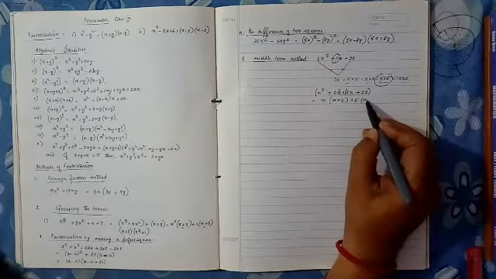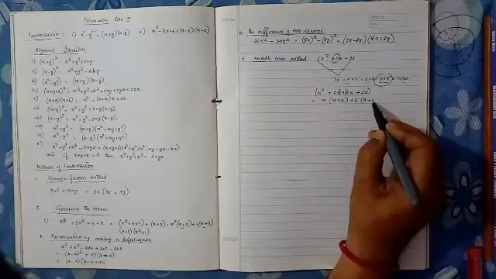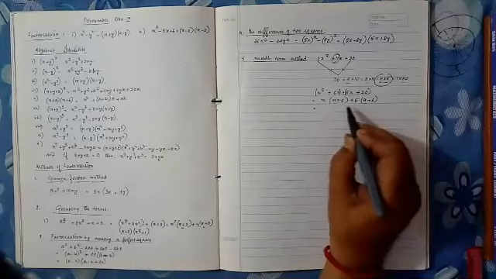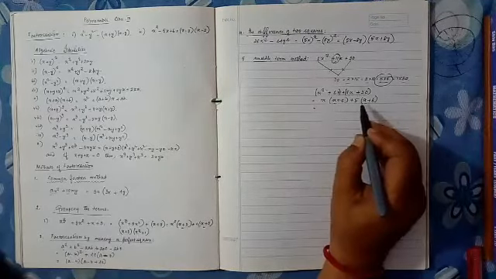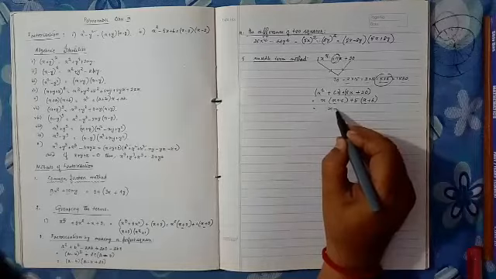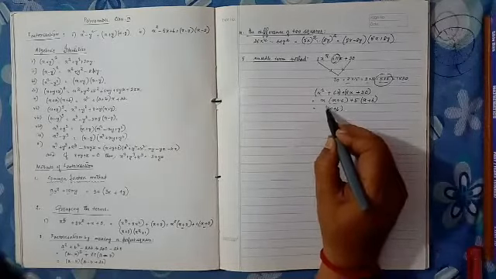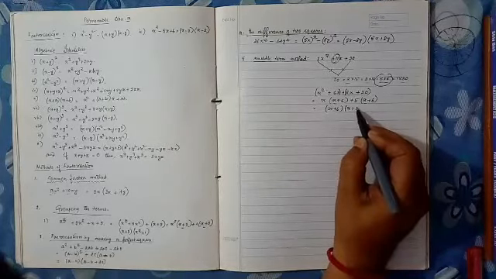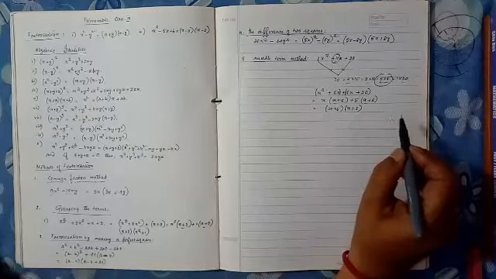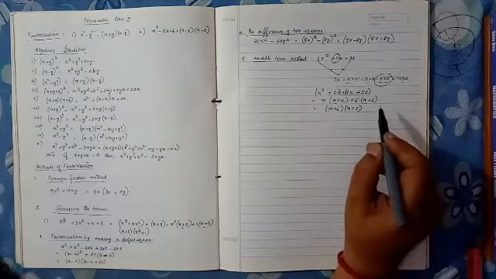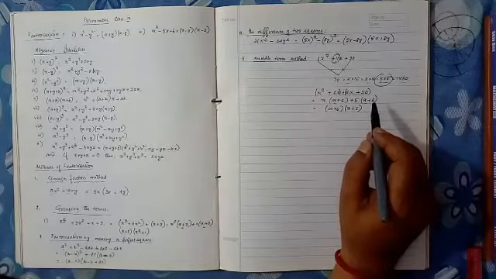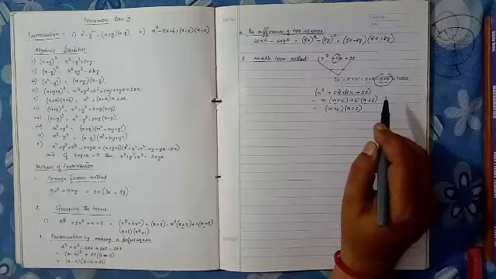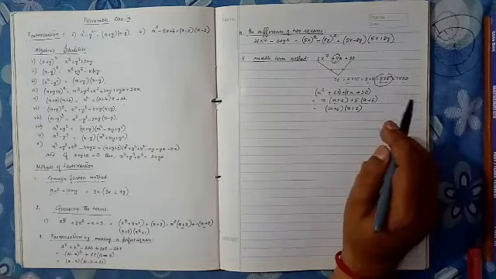From the next two, what is common? 5 is common. So x plus 6, 5 times 6 is 30. So x plus 6, x plus 6. If these two terms are same, then the split is correct. x plus 6, then here remains x, here remains 5. So x plus 6 into x plus 5. So this is called the middle term factorization.